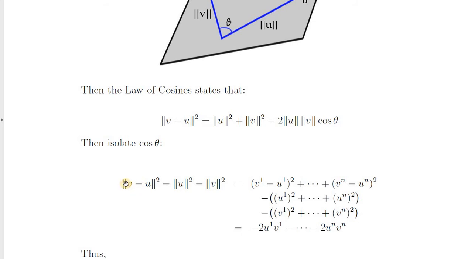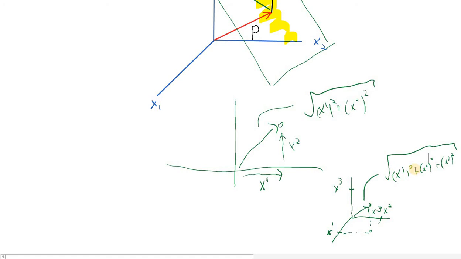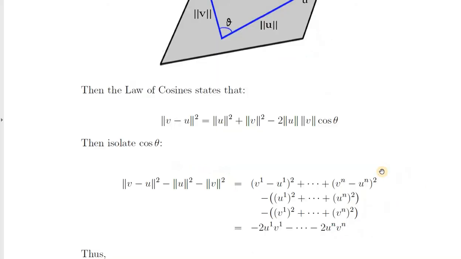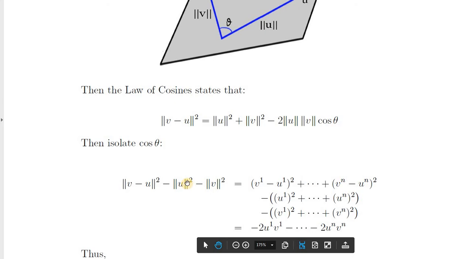We know that the length squared of a vector is the sum of squares of its components; basically you're taking the square root off in this case.